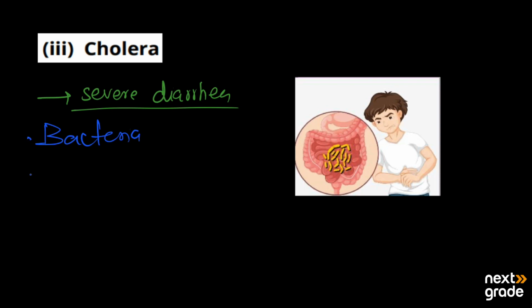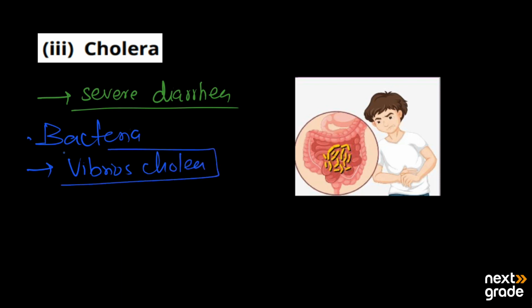Here we have the name of that bacteria, it is Vibrio cholerae. When Vibrio cholerae bacteria are present, they may cause severe diarrhea, and they are present in water that is contaminated by human feces.